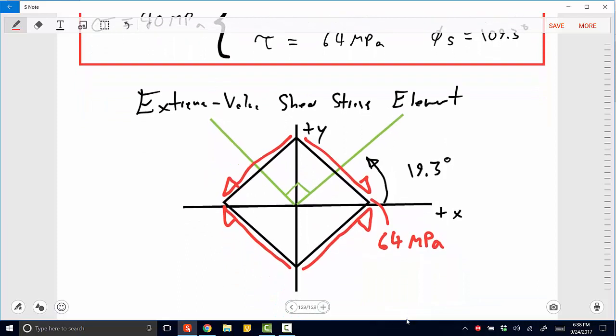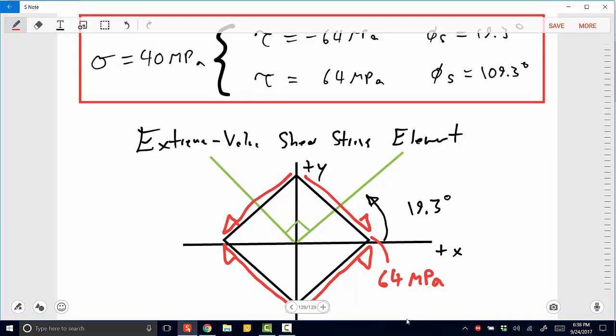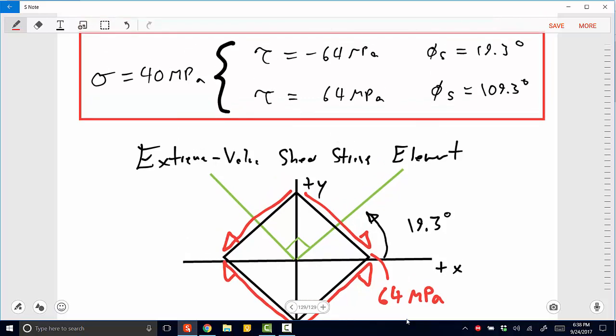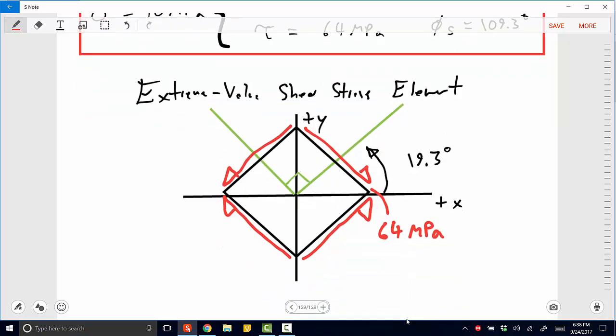And now the last but not least thing that we need to do is put our normal stress. Remembering that at both angles, the normal stress is equal to 40 megapascal. So the normals on this element are all 40 megapascal.